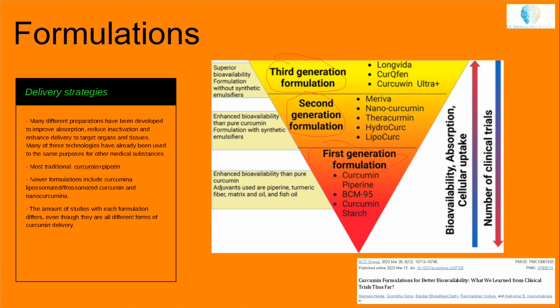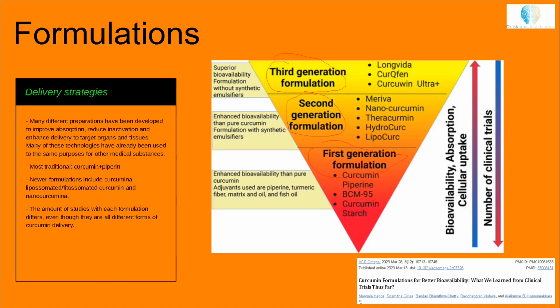The second generation also has a higher absorption, a higher amount of curcumin can reach the organs, but since curcumin is enveloped by a liposome, by some structure that helps curcumin reach its destination, sometimes this same structure can keep curcumin trapped inside itself and makes it harder for curcumin to be released and reach the cells of the tissue itself.